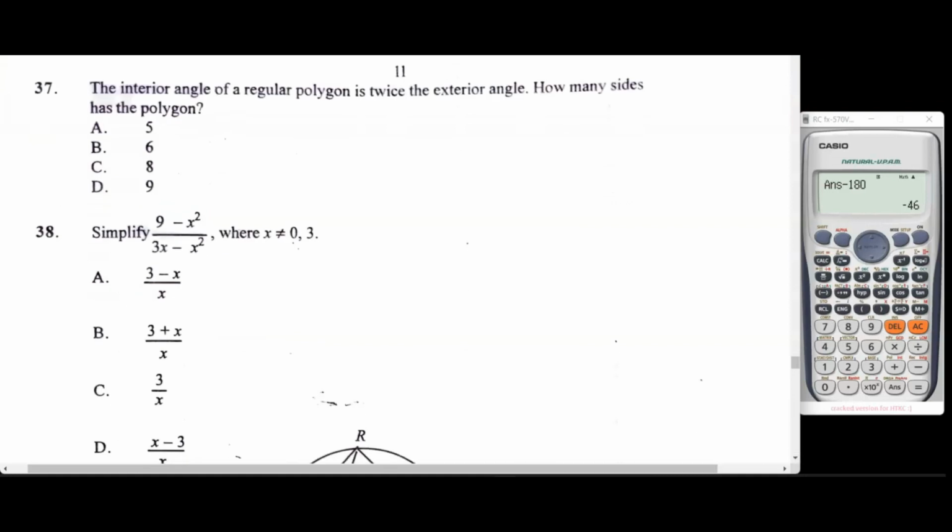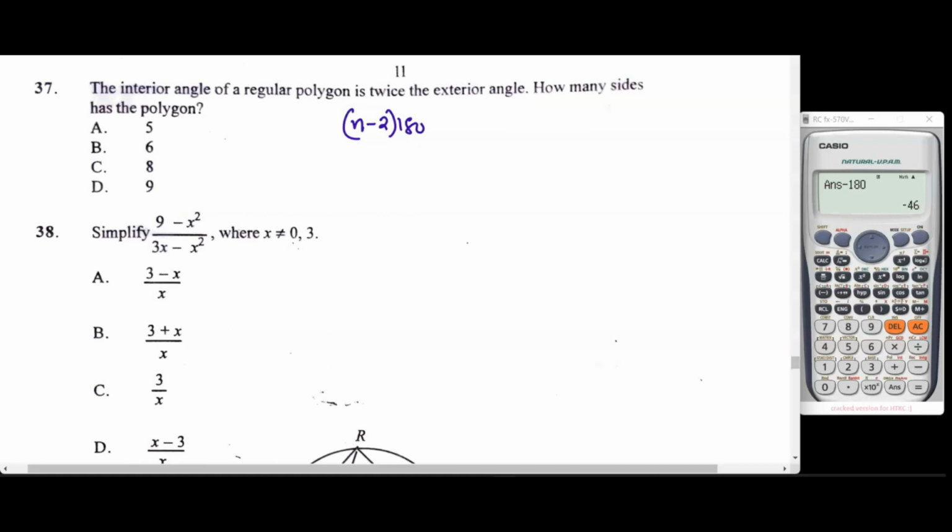The interior angle of a regular polygon is twice the exterior angle. Remember the interior angle of a regular polygon is given as n minus 2 times 180 degrees.